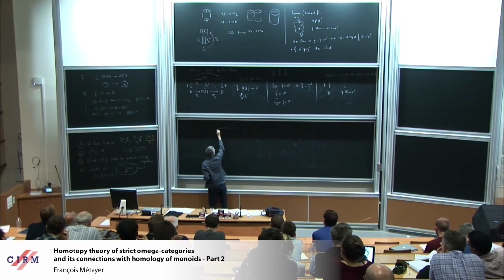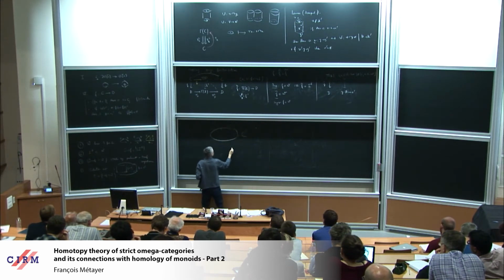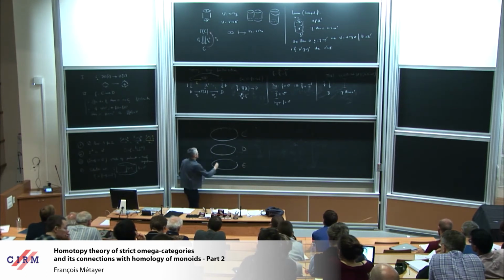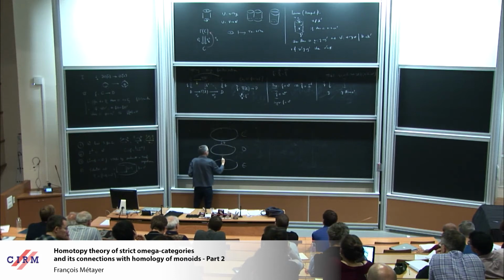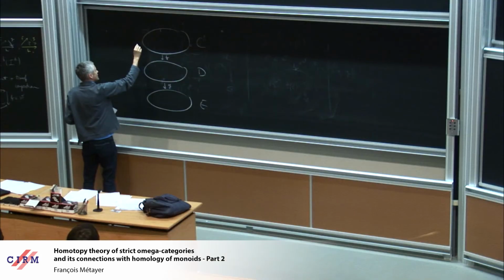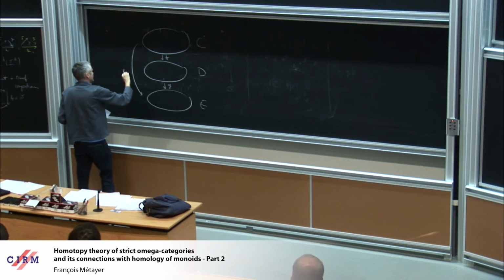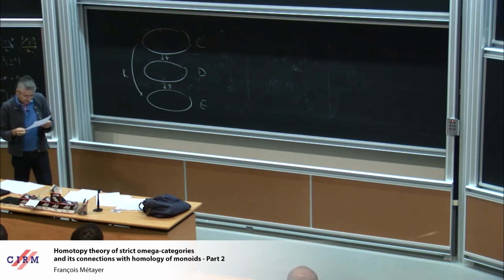So it goes like this. You have a C here, C, D, E, say, so F, G, and the composite H here. Okay.